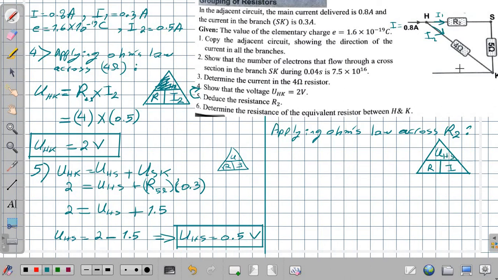The current passing through R2 is I1 and finally denote R2. بما انه R2 هي unknown حنعمل لها hide. R2 is equal UHS over I. The voltage across R2 حسبناه 0.5 والcurrent هو I1 0.3 وبالتالي حنحصل انه ال R2 is equal 1.7 ohm, approximately 1.7.